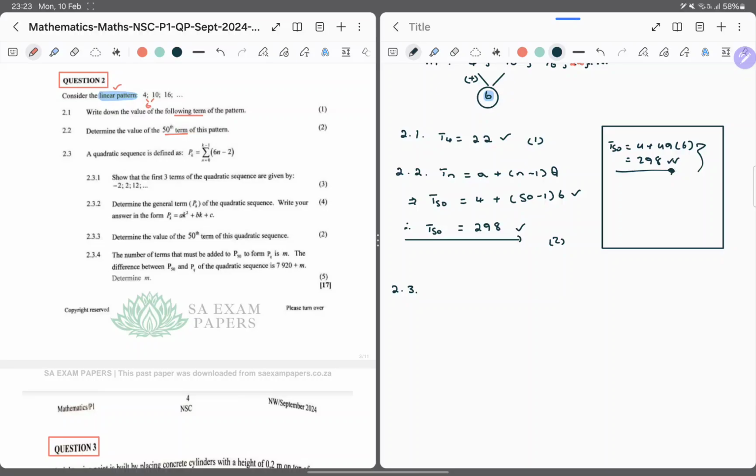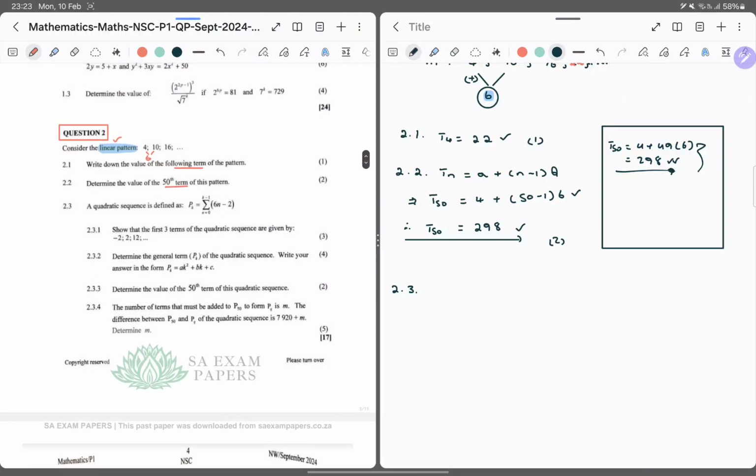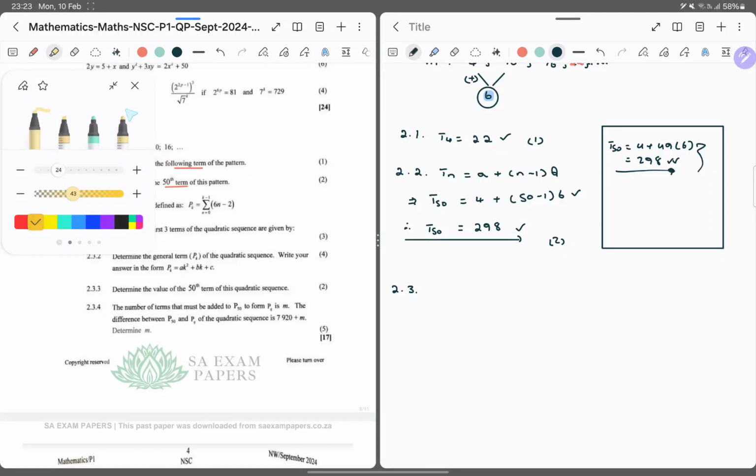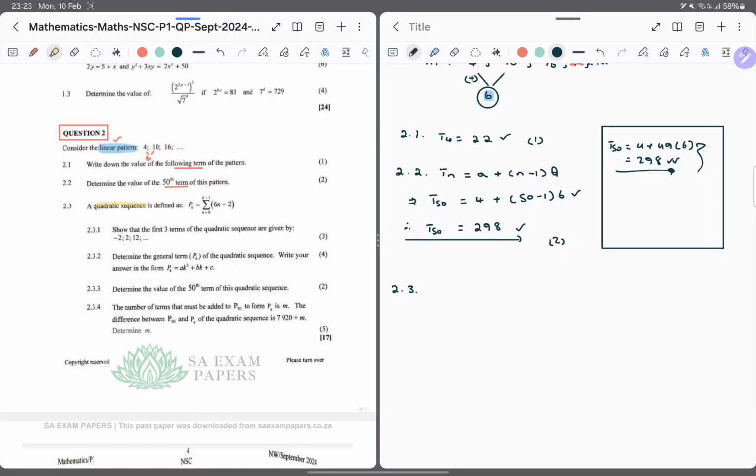Okay, 2.3. That's not a big deal. Let's have a look. We are told that a quadratic sequence is defined as P sub k equals the sigma of 6n minus 2 starting from 0 to k minus 1, okay? Now, when we look at this, we can see that this whole expression is linear, right?